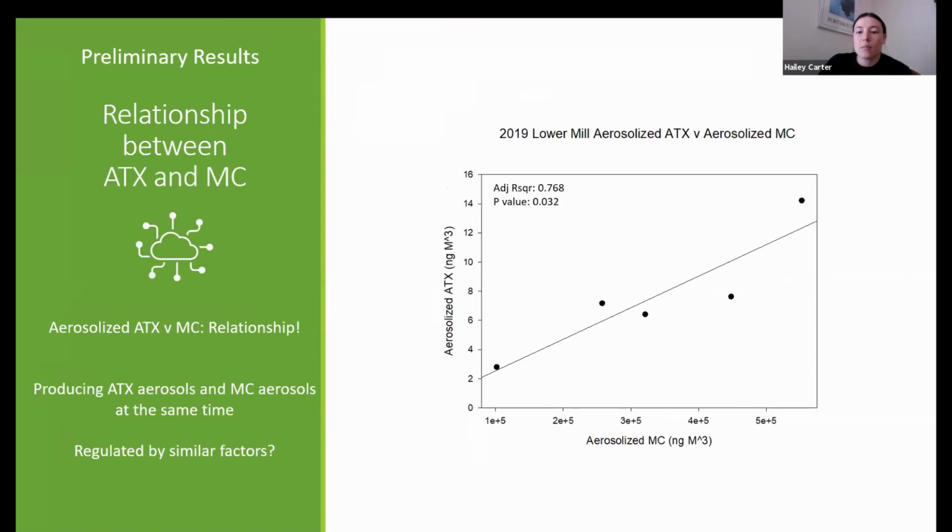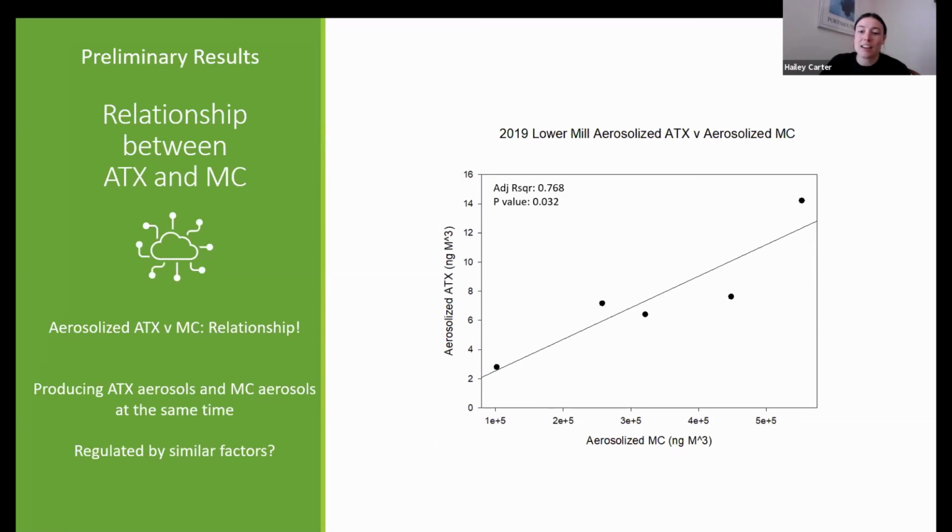All right, and here are my results from that second research question, which was, is there a relationship between aerosolized anatoxin and aerosolized microcystin? So I ran a regression to examine the relationship between the aerosolized microcystin on the y-axis and the aerosolized anatoxin on the x-axis. I found that these two variables are in fact related somehow.